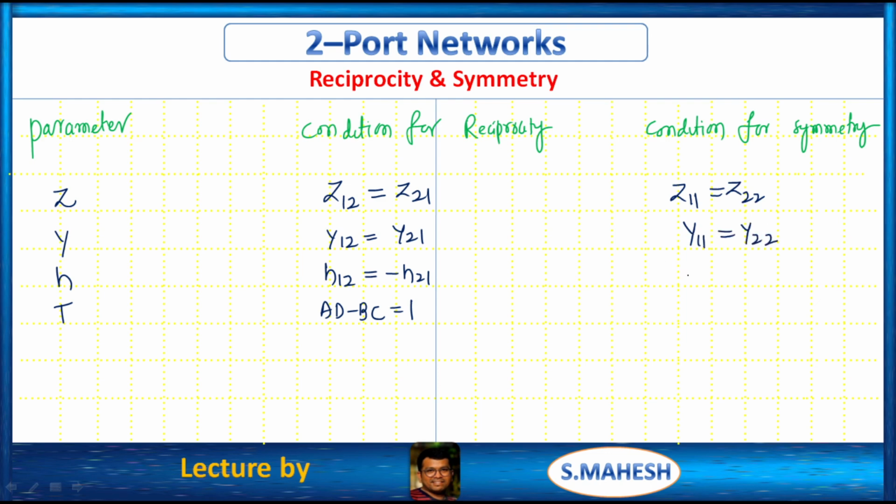For H parameters, delta H equals 1, and for T parameters A equals D, where delta H is H11 H22 minus H21 H12. So this is the summary for different types of parameters.